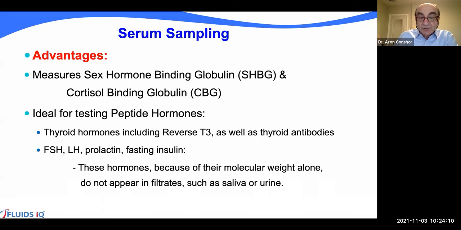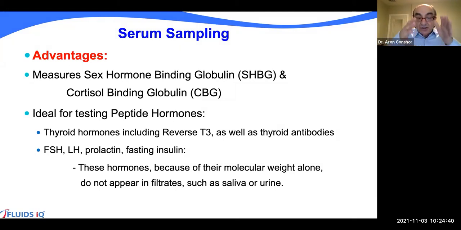And it does measure both the sex hormone binding globulin and the cortisol binding globulin. And it's ideal for testing peptide hormones. Now, these would be things like thyroid hormones, so you're including reverse T3, T4, all the different thyroid hormones, follicle stimulating hormone, LH, prolactin, you name it, any number of different peptide hormones.